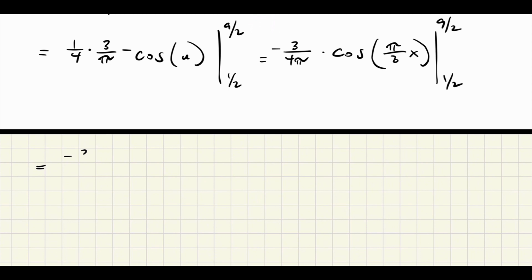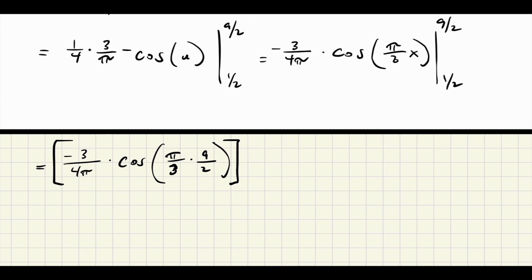So negative 3 over 4 pi times cosine pi over 3 times 9 over 2. That's the first guy. Minus negative 3 over 4 pi times cosine pi over 3 times 1/2.